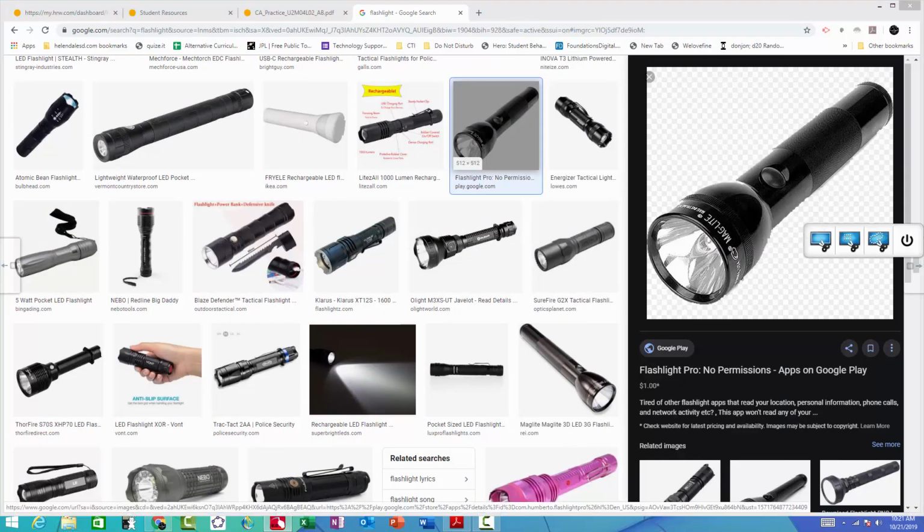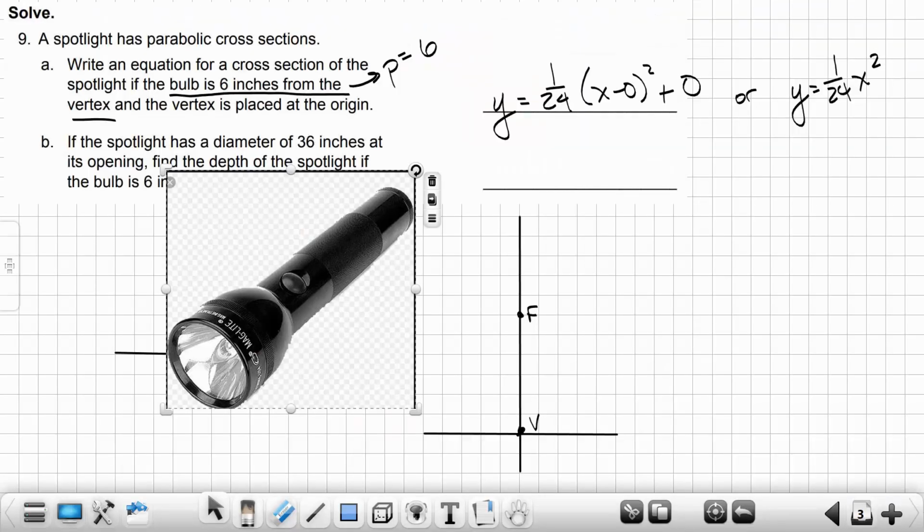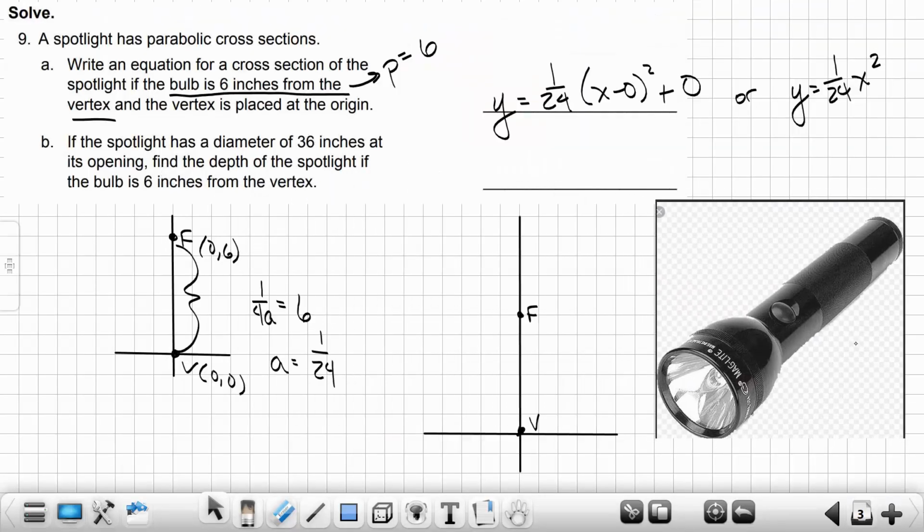Now they're saying spotlight. I'm going to say flashlight. So they said the diameter of the flashlight or the spotlight is 36 inches. 36 inches. So the radius is 18. Okay.